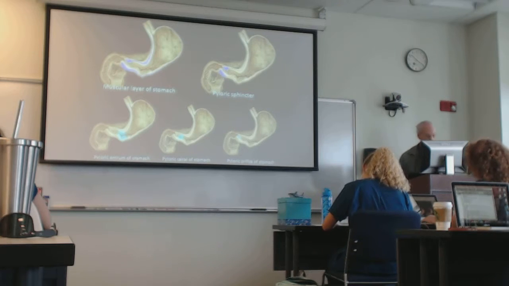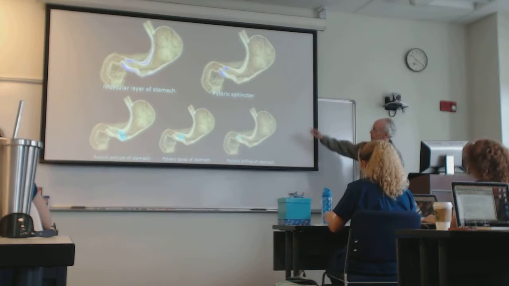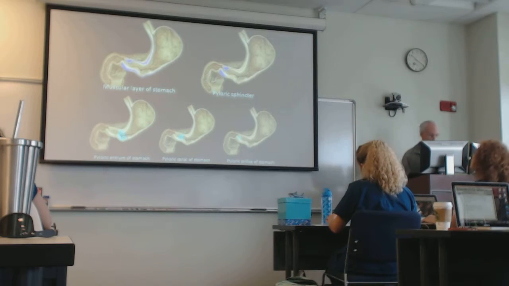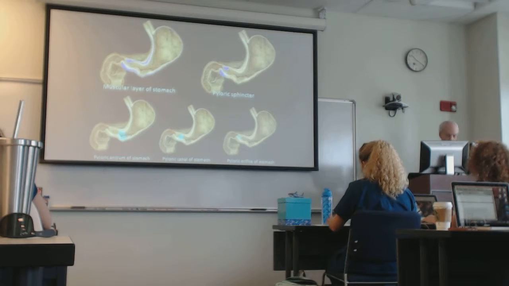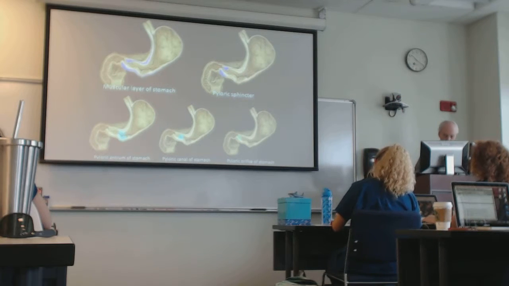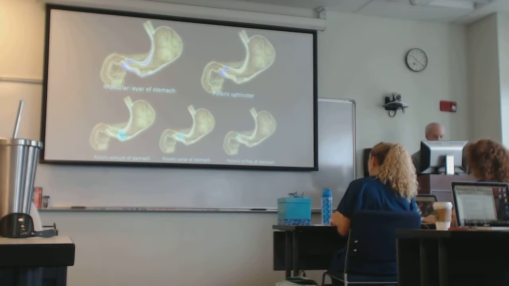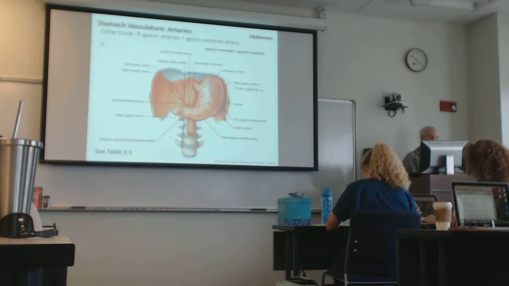You can see the pyloric sphincter and the antral region, the pyloric orifice, as rendered in a cadaver in these images. So be able to recognize them. I'm not too concerned about your ability to differentiate the canal from the orifice, but you certainly need to be aware of what we mean by the pyloric or antral region of the stomach, and differentiate that from the cardiac esophagus or stomach and the fundus and so on.